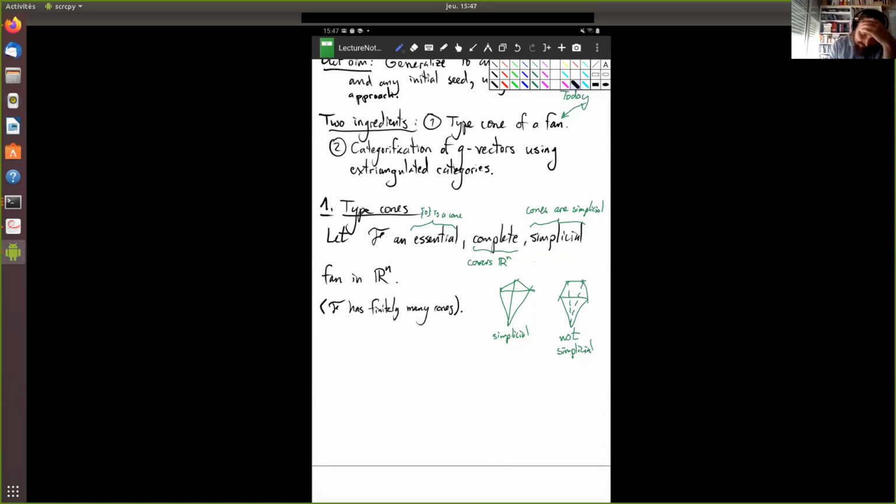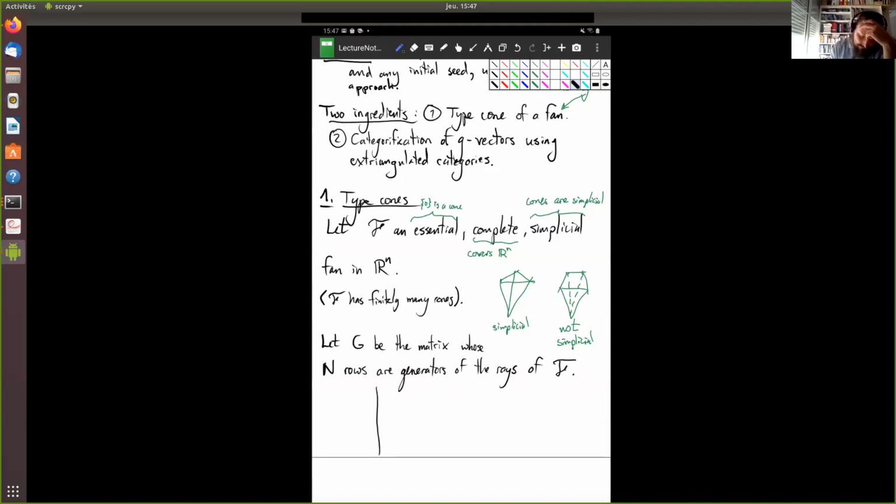So let's choose generators for the rays and organize them in a matrix. Let G be the matrix whose N rows are generators of the rays of the fan F. If you go back to the example we had earlier, in type A2, G would just be this matrix: (1, 0), (0, 1), (-1, 1), (-1, 0), and (0, -1).